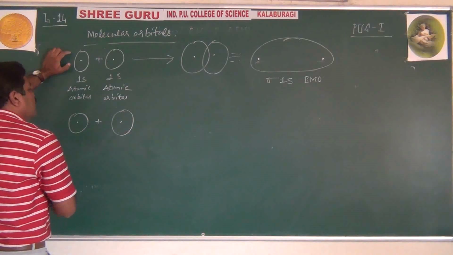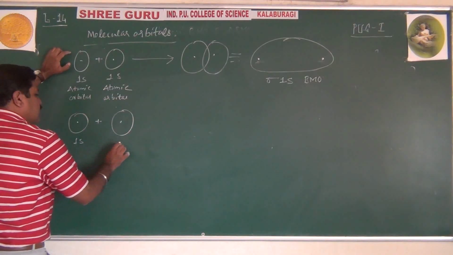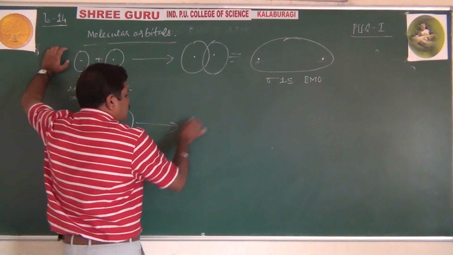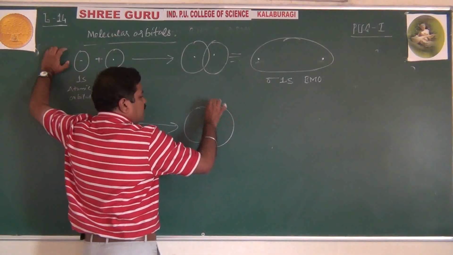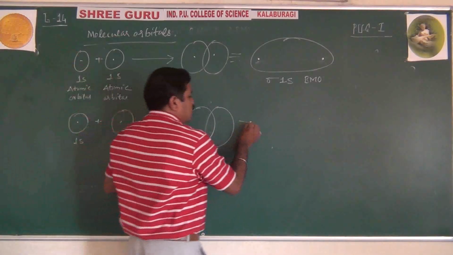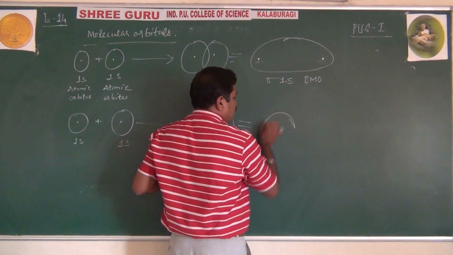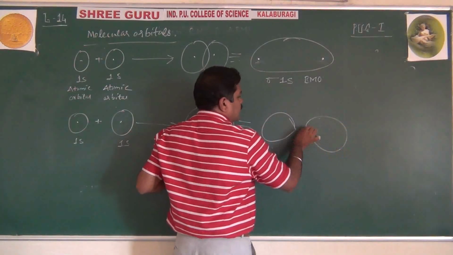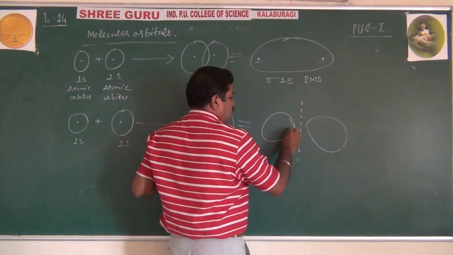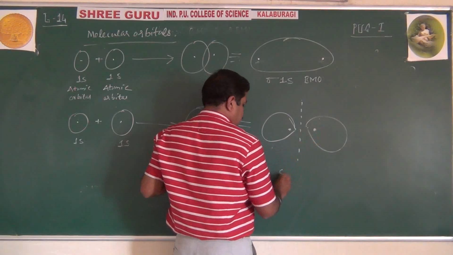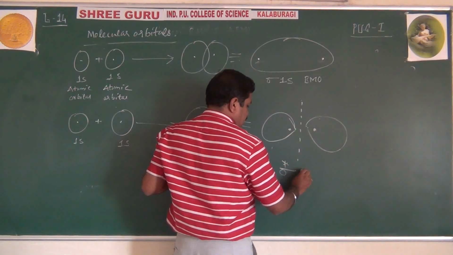Antibonding is subtractive overlap, 1s, 1s. Subtractive overlap means this will split. This will be like this, one, another one. Okay, this is antibonding, sigma star 1s.